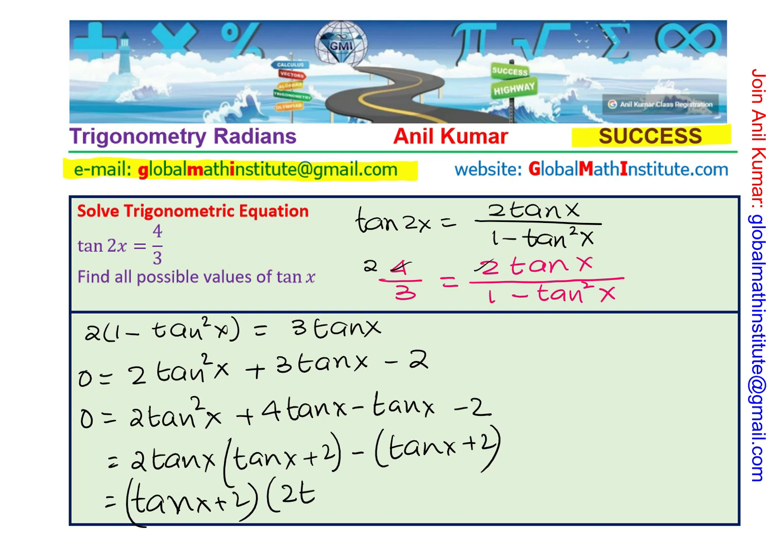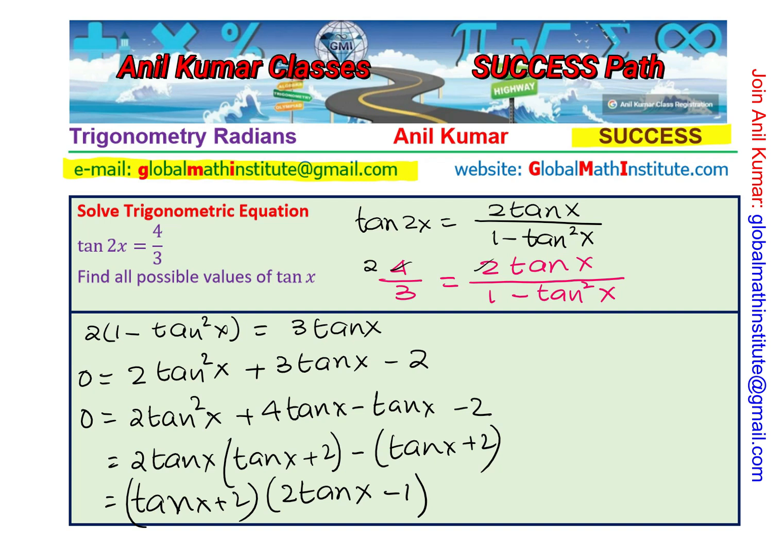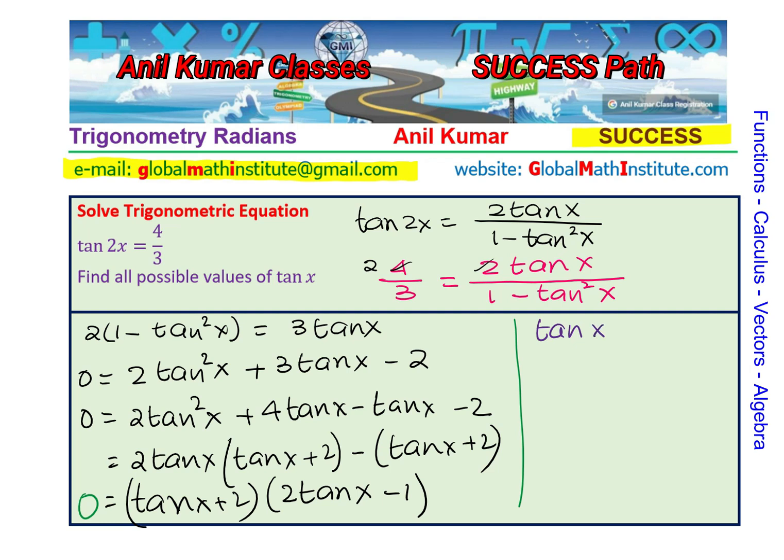And we have 2 tan x minus 1. So you can see the solutions yourself. Equating that to 0, we get first set of solutions, which is tan x plus 2 equals to 0, right? And that gives me tan x equals to minus 2. The other one, which is 2 tan x minus 1 equals to 0, gives me tan x equals to half.